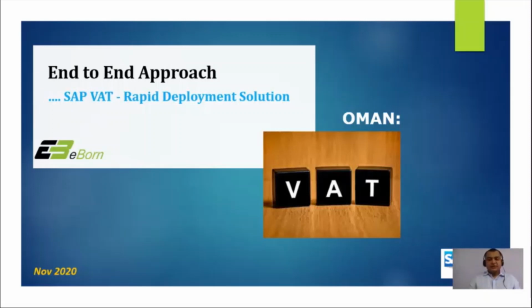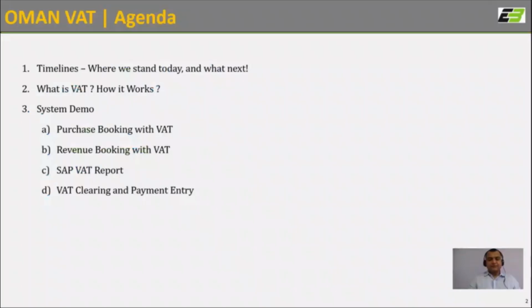Without further ado, let's start with the agenda. Keeping in mind 1st of April 2021 as a go-live date, let's understand the important timelines, where we stand today and what next. Even though this is a system demo, let's start with first understanding what VAT is and how it works.